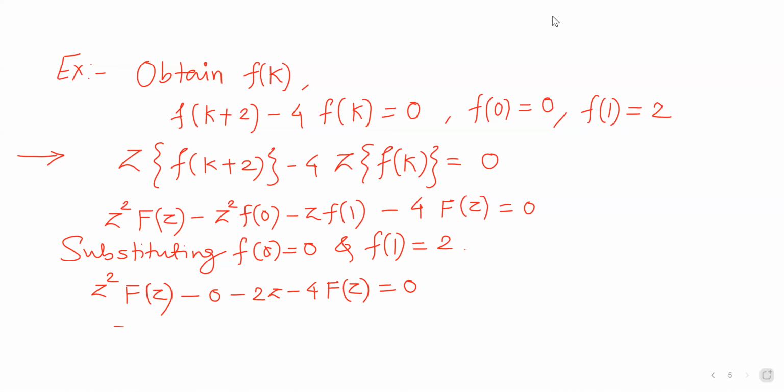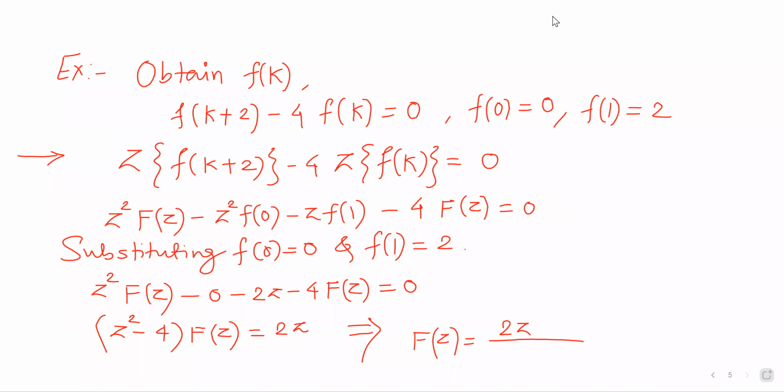It is z square minus 4 times f of z is equal to 2z. Correct? So this will imply f of z is nothing but 2z upon z square minus 4, which I can write with z square minus 4 in the denominator as z plus 2 into z minus 2.